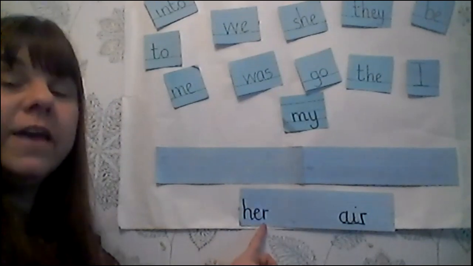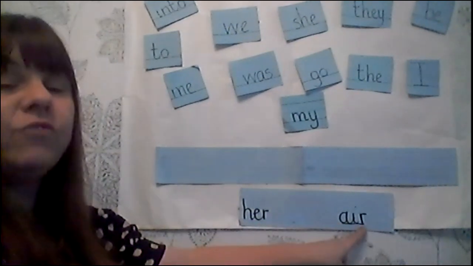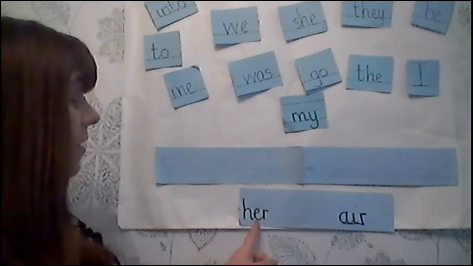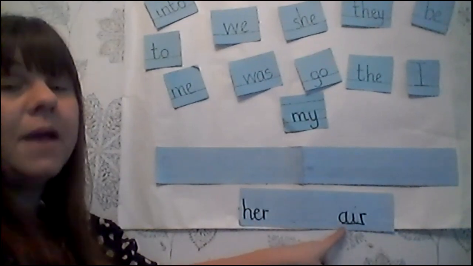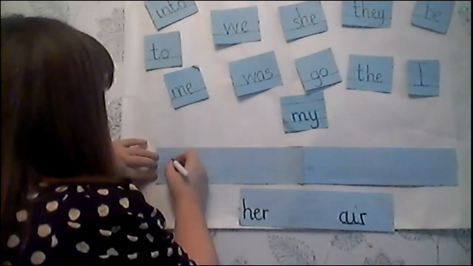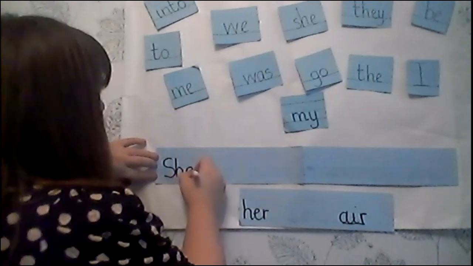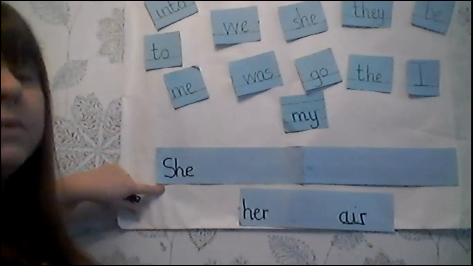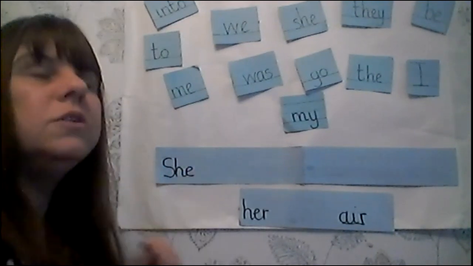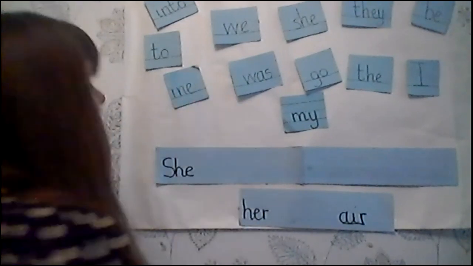I put her here to help me because that's our new tricky word. And I put the air trigraph there to help me also. Remember, you should have your tricky word mat and your grapheme mat nearby. She. Capital S, and she is a tricky word. Put. You sound it out, put. Well done.